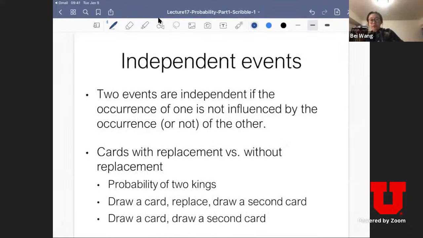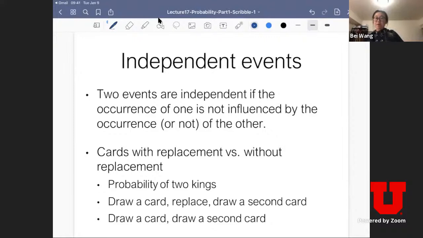So there is a concept of independent events: two events are independent if the occurrence of one event is not influenced by the occurrence of the other. In drawing cards from a deck of poker cards, there's always a concept of drawing with replacement or without replacement.